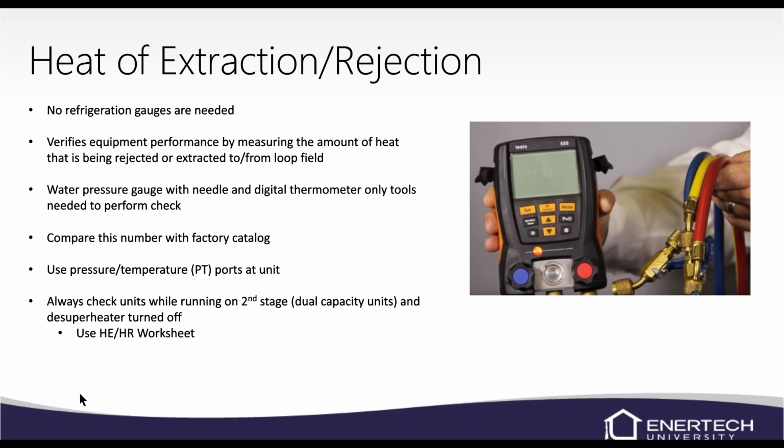It may not be the true temperature of the fluid inside that pipe, but it's not too far off, and your temperature difference across two pipes will probably be the same. So it's not as important on temperature, but if we've got to know what our flow is, we've got to have those pressure temperature ports installed. With a non-pressurized system, we can figure out flow with a flow meter.